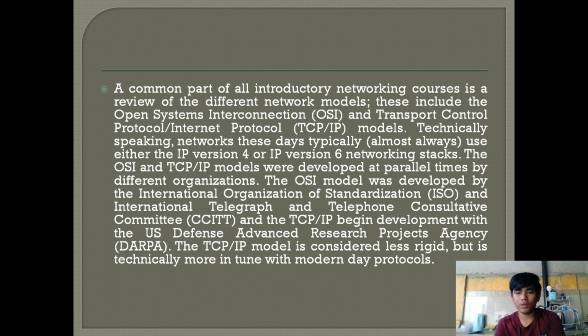The OSI was developed by the International Organization for Standardization, ISO, or the International Telegraph and Telephone Consultative Committee, CCITT, and the TCP/IP began development with the U.S. Defense Advanced Research Projects Agency, or DARPA. The TCP model is considered less high-grade, but it is technically more in tune with modern day protocols.